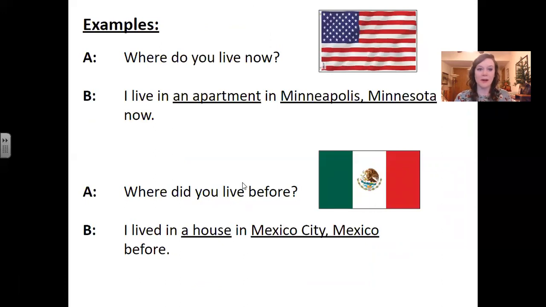Today we're going to practice two questions. Let's look at the first question together. Where do you live now? Now means present, like today, in 2020, right now, present.